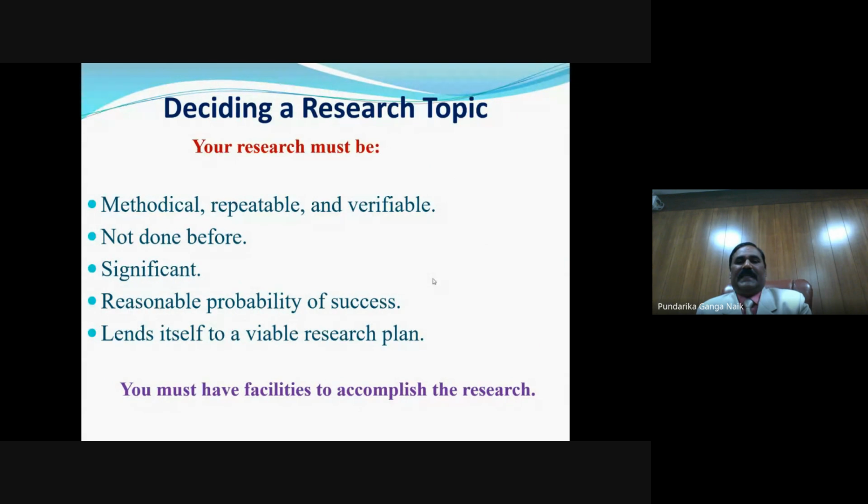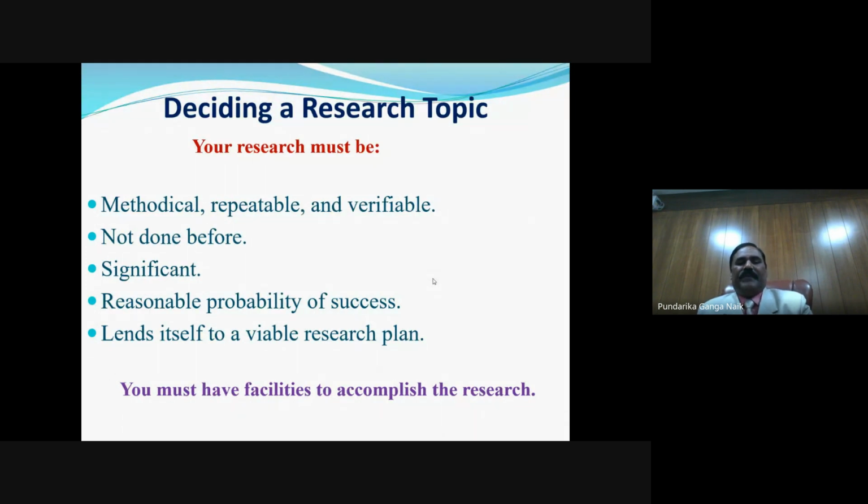Then, deciding a research topic, your research must be very methodological, repeatable, and verifiable. So you need to present your proposal in such a way that whatever work you have proposed as a part of your research work has to be very methodical, repeatable, and verifiable at any stage.